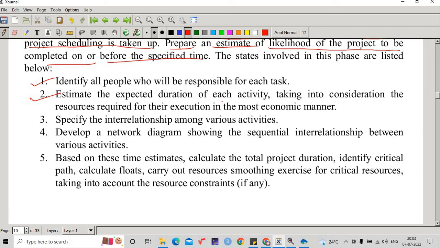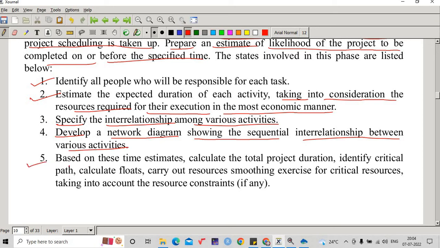Number 1, identify all people who will be responsible for each task. Estimate the expected duration of each activity, taking into consideration the resources required for their execution in the most economic manner. Specify the interrelationship among various activities. Develop a network diagram showing the sequential interrelationship between the various activities.